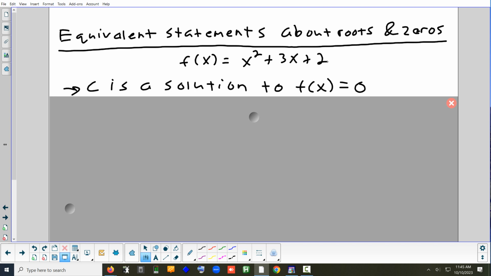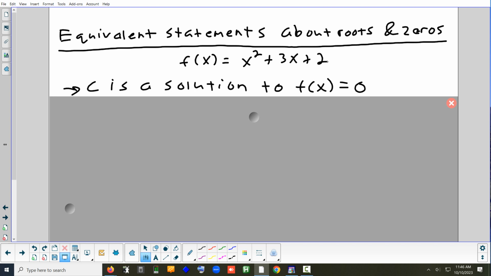One of the ones that we can do is x plus 1, and I also know the other one. So what number would you plug in for x and it would come out to 0? It would be -1, and the other one is -2. Perfect. Those are the two.